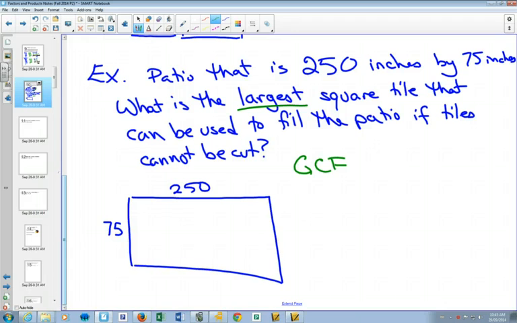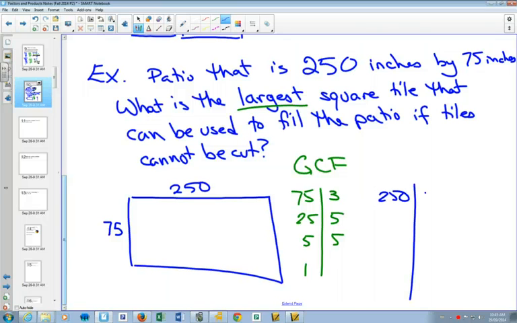And if we use factorization, here's 75. It divides by 3, gives us 25, divides by 5, gives us 5, divided by 5, 1. And 250 divides by 2, 125. Doesn't divide by 3, divides by 5, 25, divides by 5, 5 divides by 5, 1. And for greatest common factor, we have 75 equals 3 times 5 times 5.